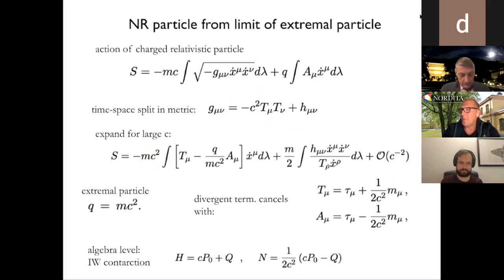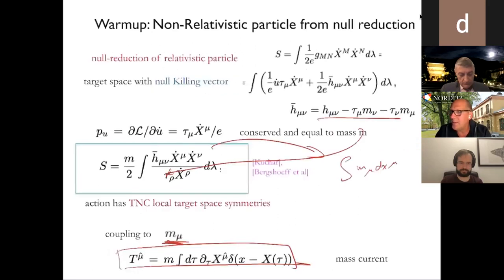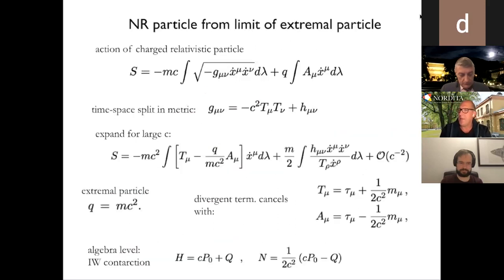there's a diverging term going like mc squared, but precisely for an extremal particle with q equals mc squared, you can cancel this divergent term by redefining your relativistic time-like field and your gauge potential in this way. And yeah, I didn't write it up further, but if you then do the limit, you will actually find this action again.